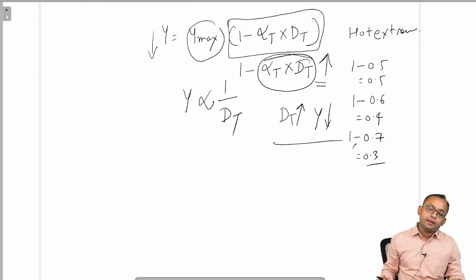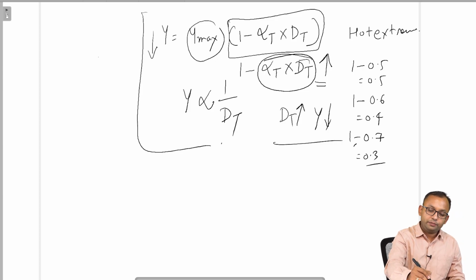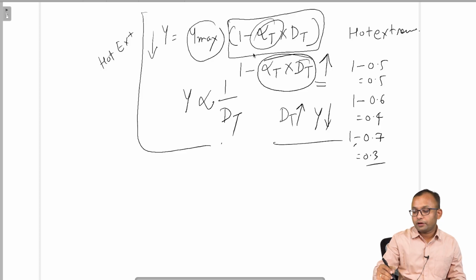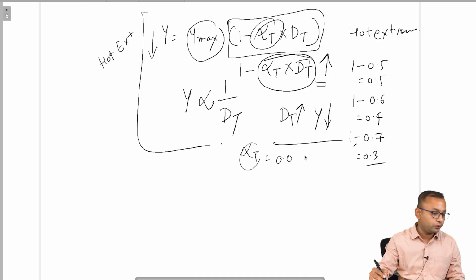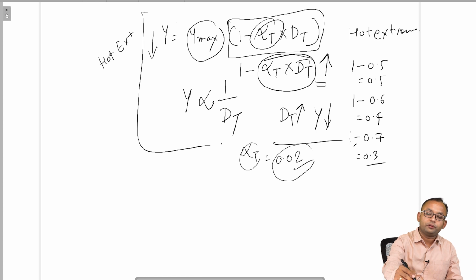So this is a condition for hot extremes. Here we are also using the alpha t is a parameter which is close to 0.02, alpha t is 0.02. We can tweak this parameter, let us say, that will also affect your y value.